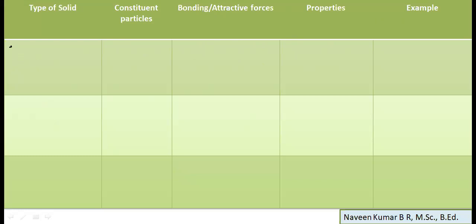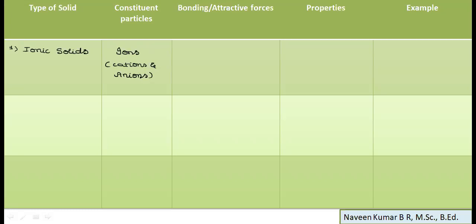So we'll take ionic solids. As the name indicates, ionic solids have ions as the constituent particles, that is cations and anions of the respective ionic compound.